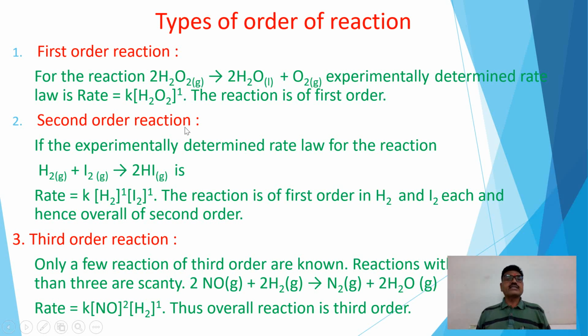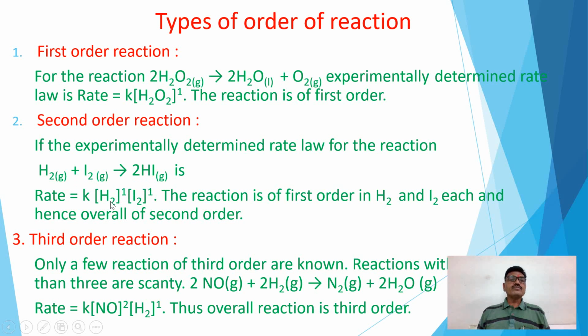Then second order reaction. If the experimentally determined rate law for the reaction is like this. See, another example: H2 plus I2 gives 2HI. So what is the experimentally determined rate law expression for this reaction?